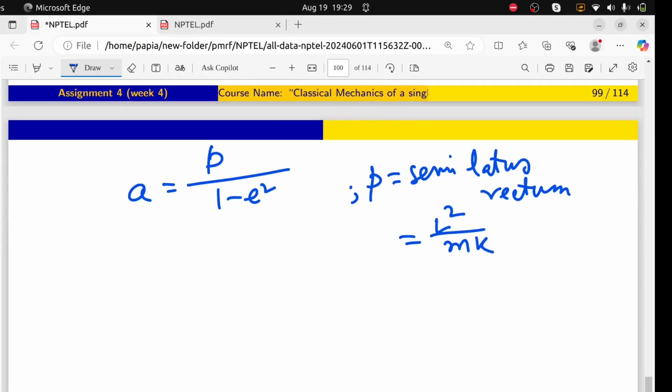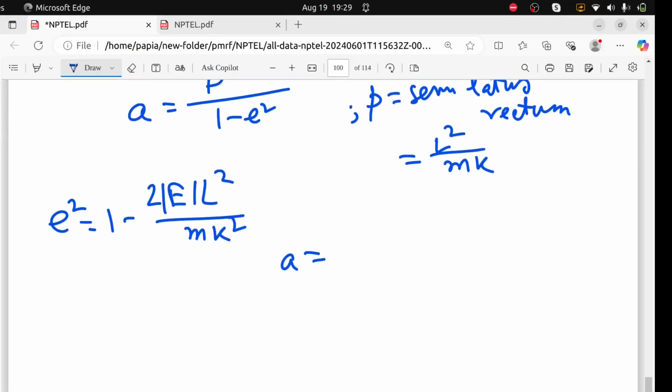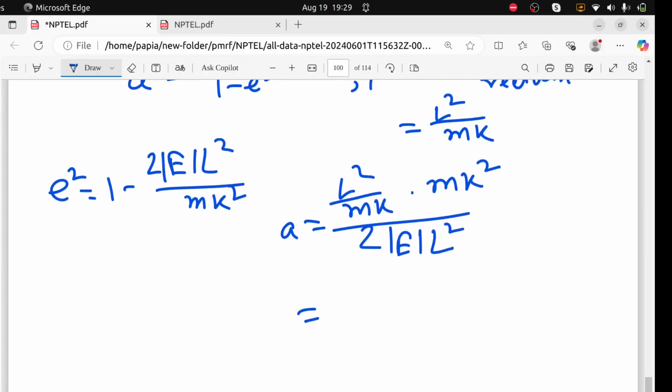Also e square equals to 1 minus 2E L square by m k square. So a will be L square by mk divided by 2E L square by m k square. So you can see that I will just have k by 2E.